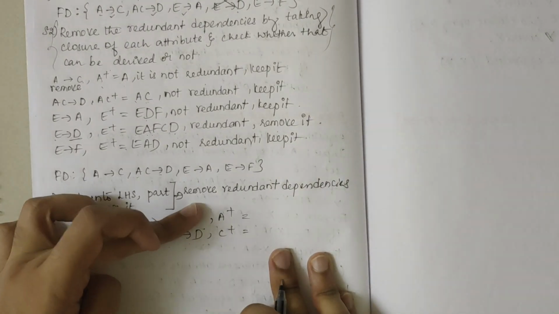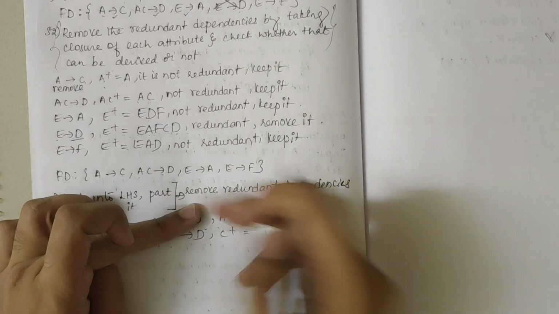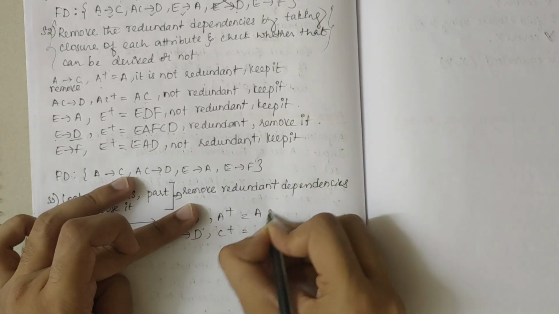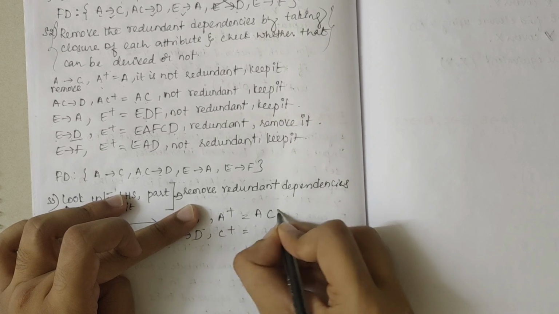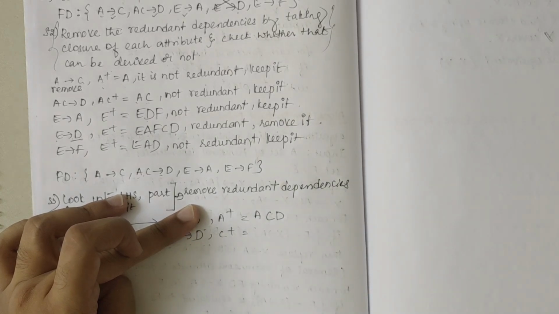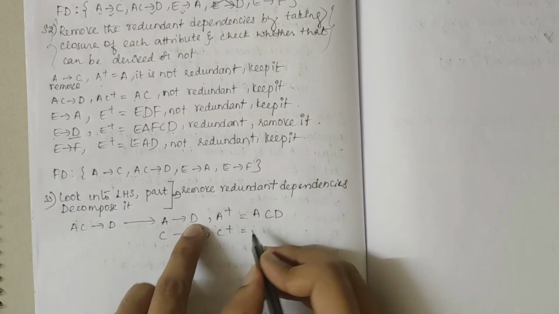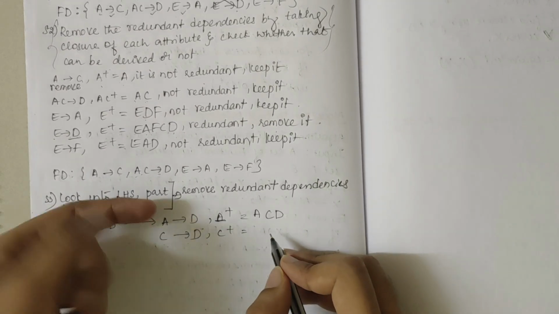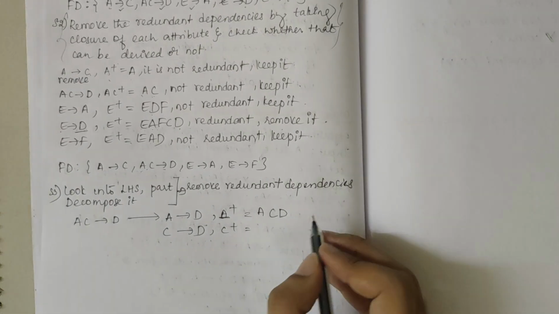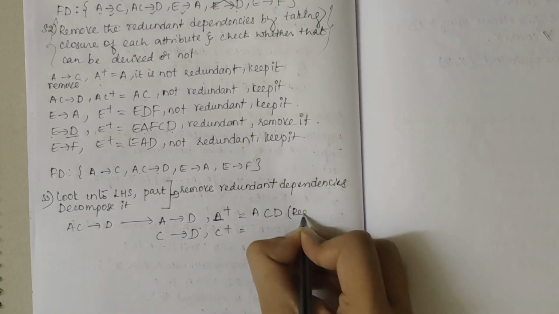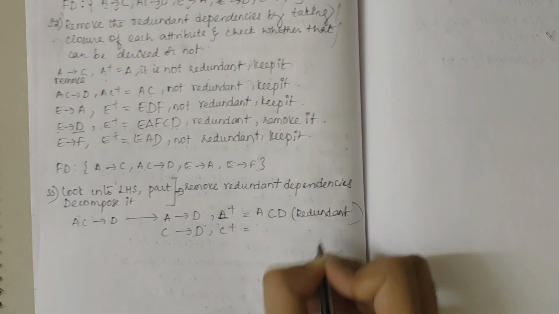I'll close this and check now. A determines C, A firstly, and then C, and then AC determines D. And does D determine anything? Does C determine anything? No. So here A determines D, and when I found A closure, assuming that I've removed this, I got D itself, which means that this is redundant.